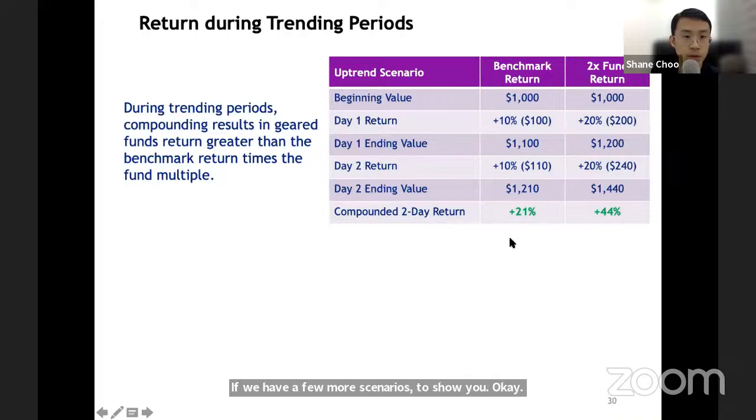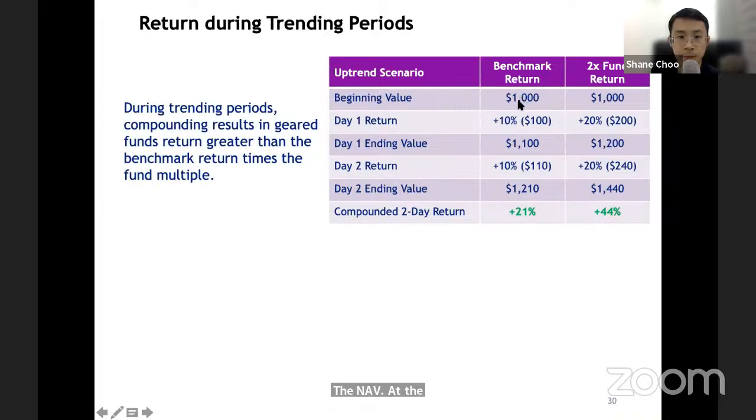So during trending periods, let's take a look at this example. The NAV at the beginning is 1,000 ringgit. Day one return 10%. Day two return 10%. Similar to the example earlier, 1,210.